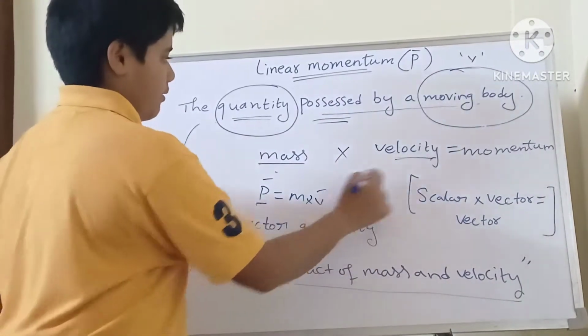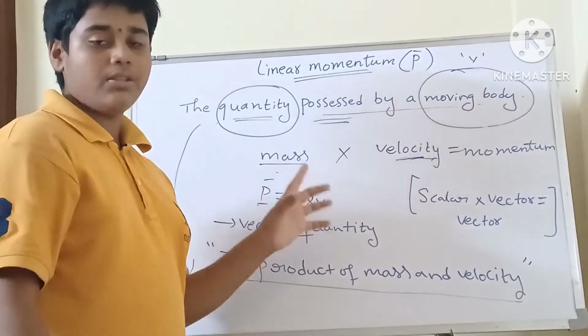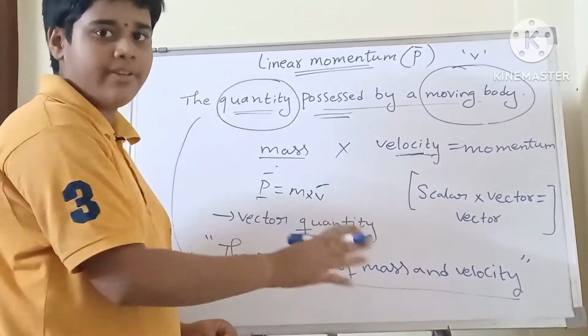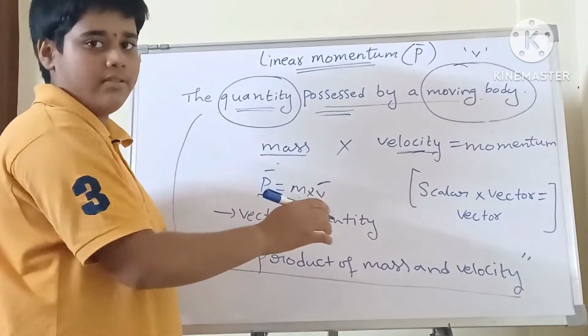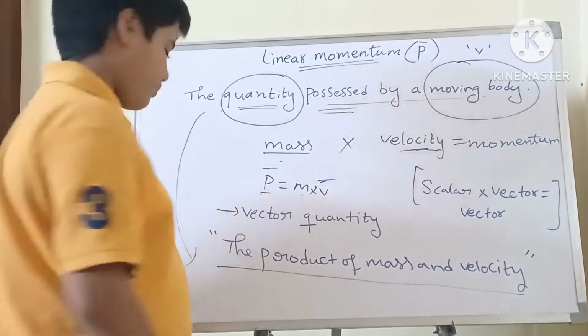Velocity has a direction, because a vector has both magnitude and direction. Scalar into vector means vector, so this direction will be the momentum's direction also.